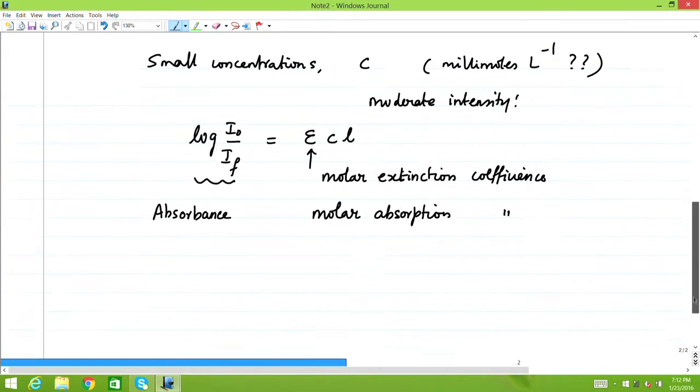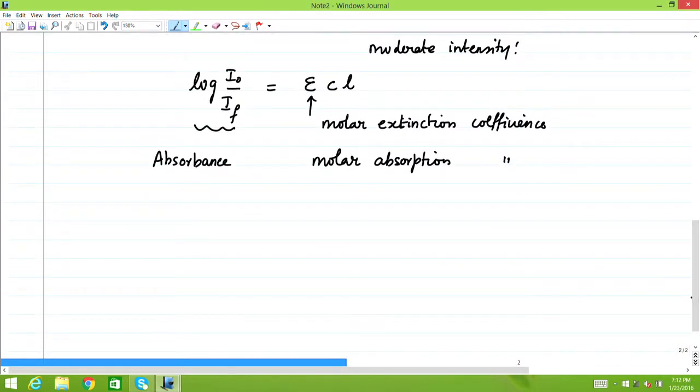You can also write this in the form of transmitted radiation, that is, this is the light that is transmitted. Therefore, the logarithm of I naught by IF gives a constant associated with each system, each chemical species.